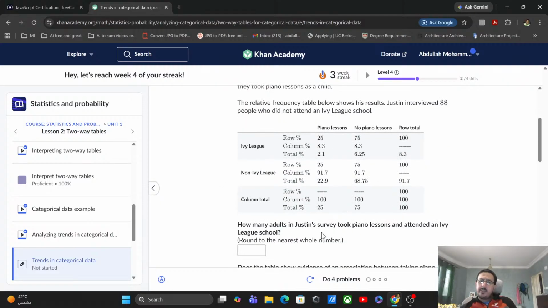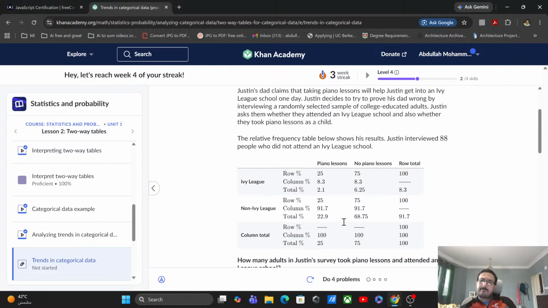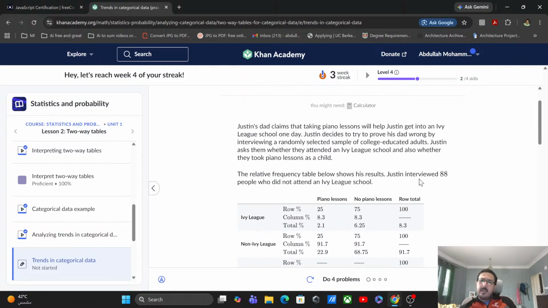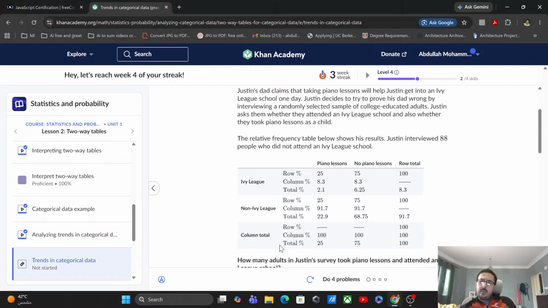How many adults in Justin's survey took piano lessons and attended an Ivy League school? He said 88 people who did not attend an Ivy school. Non-Ivy school, total 91%. What does that mean?